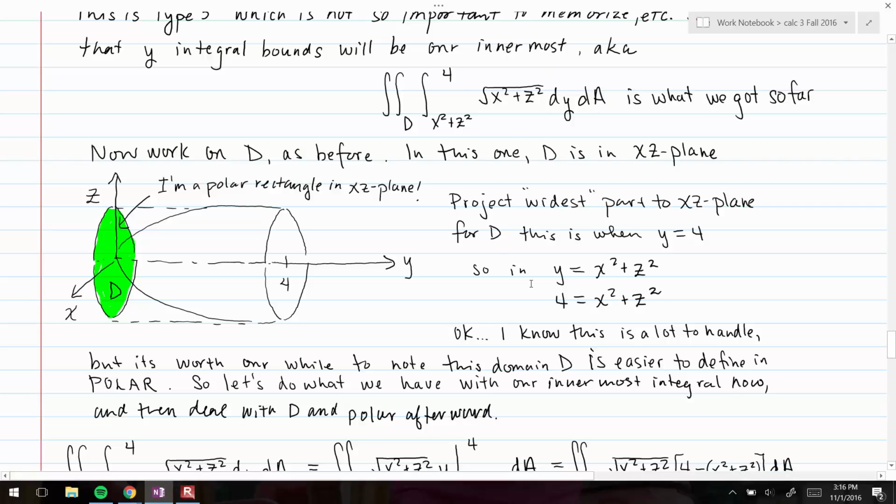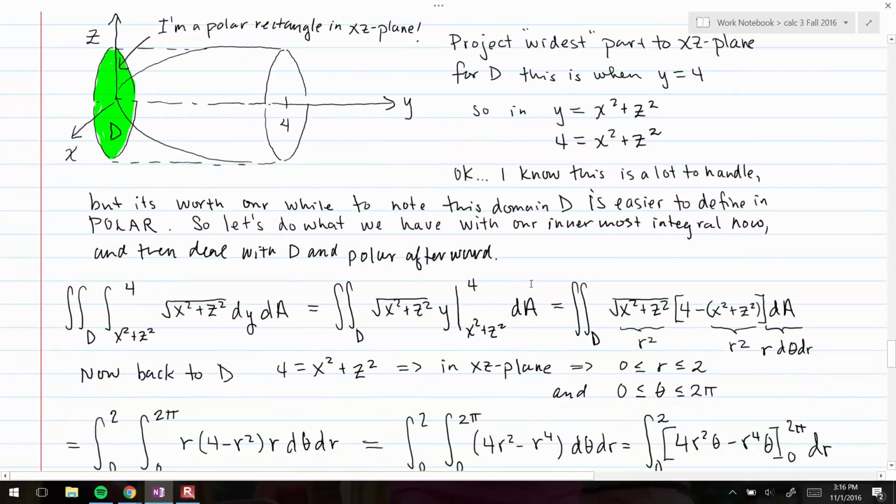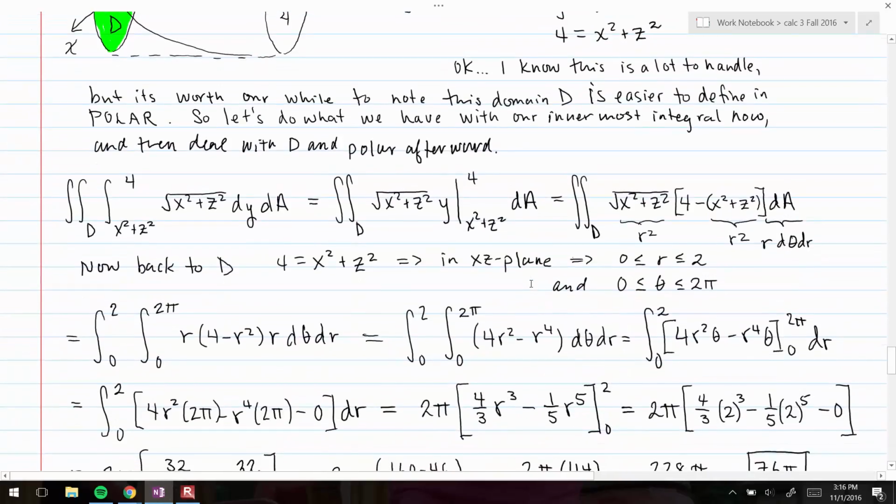So now that we've thought about our domain D, let's actually just do the innermost integral of the triple with respect to y. That's really easy to do. We've been talking about it a lot, but we have x and z here, which we can hold fixed, and the integral with respect to y just attaches a times y with that.